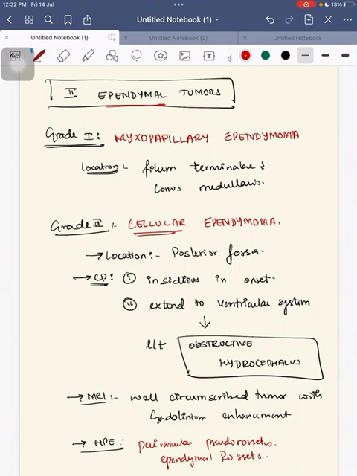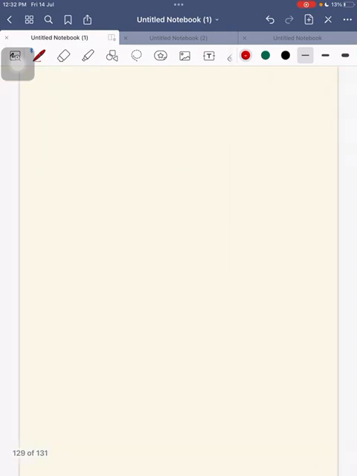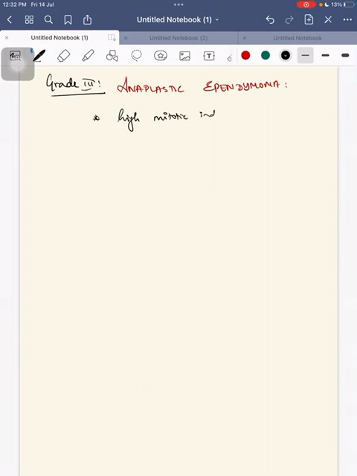This is about grade 2, that is cellular ependymoma. Grade 3 is anaplastic ependymoma. Here, as told earlier, there will be a high mitotic index with microvascular proliferation.